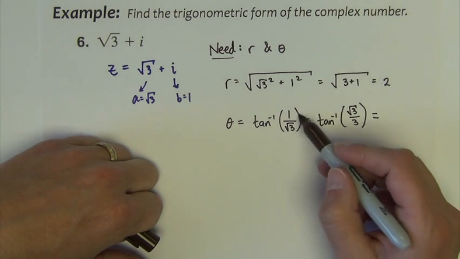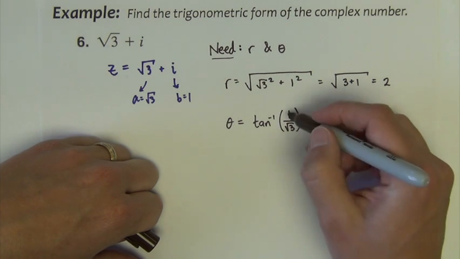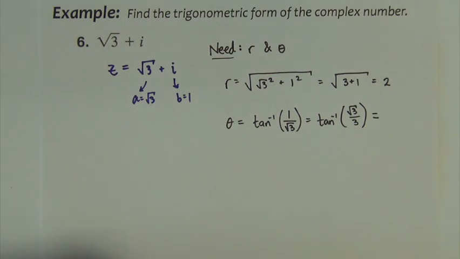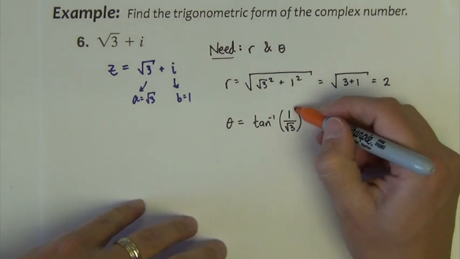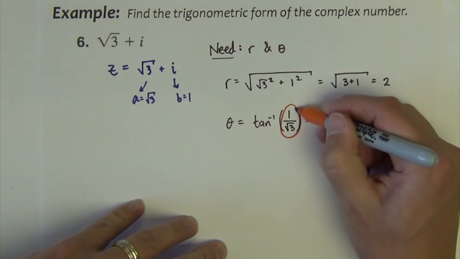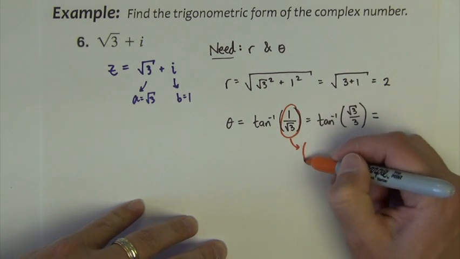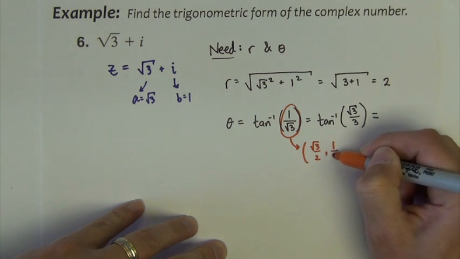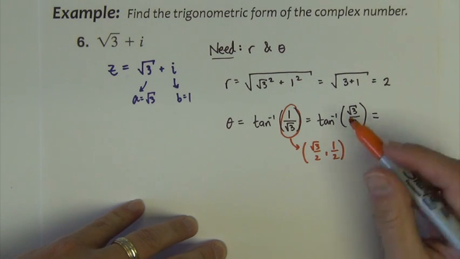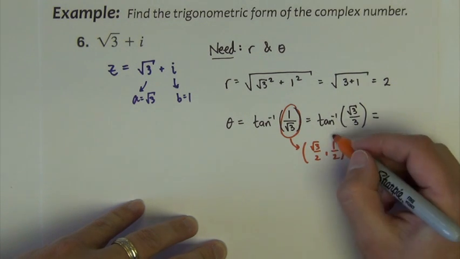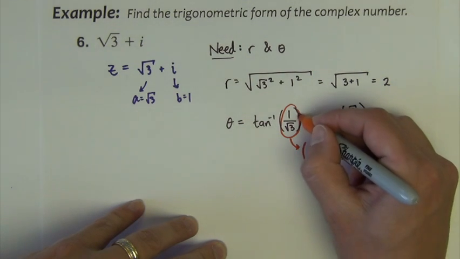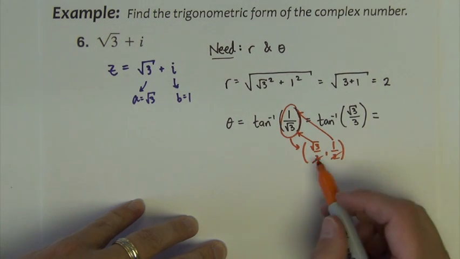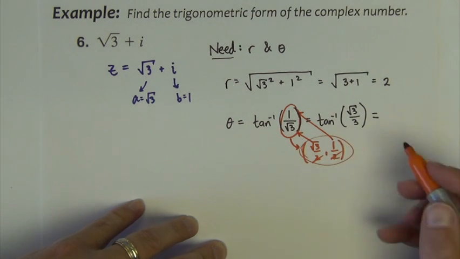Might even actually be easier to do it right here. Let's change colors here. This would represent the ordered pair point square root of 3 over 2 comma 1/2. Since tangent is the y value divided by the x value, the halves of course canceling. And so at what angle do we find that point?